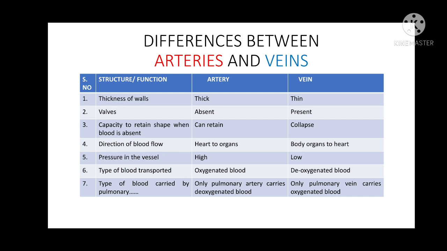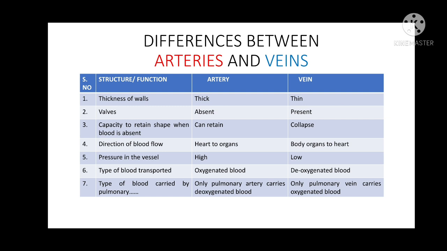Direction of blood flow. In arteries, it is from heart to organs. In vein, it is from body organs to heart. Pressure in the vessel. In arteries, the pressure is high. In vein, the pressure is low.